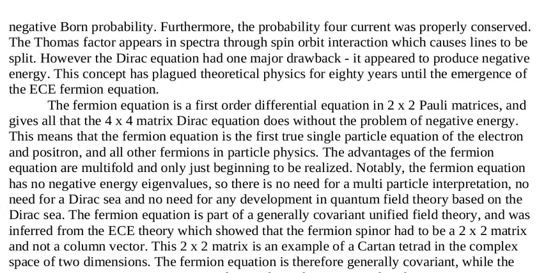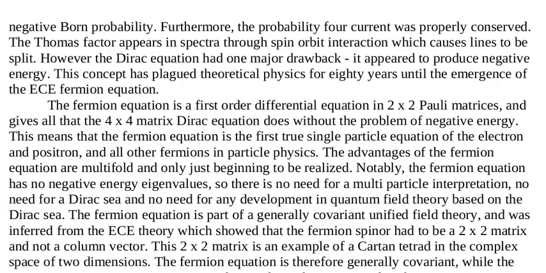However, the Dirac equation had one major drawback. It appeared to produce negative energy. This concept has plagued theoretical physics for 80 years until the emergence of the ECE Fermion equation. The Fermion equation is a first-order differential equation in 2x2 Pauli matrices and gives all that the 4x4 matrix Dirac equation does without the problem of negative energy.